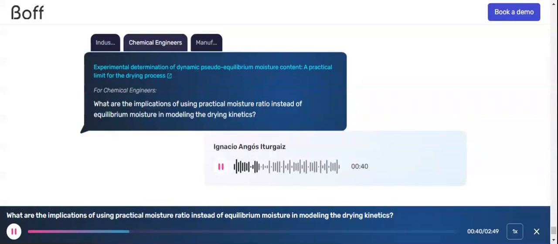To calculate the theoretical moisture ratio, the dynamic pseudo-equilibrium moisture is replaced by the equilibrium moisture. Both start at 1 for t equals 0 and decrease with time.